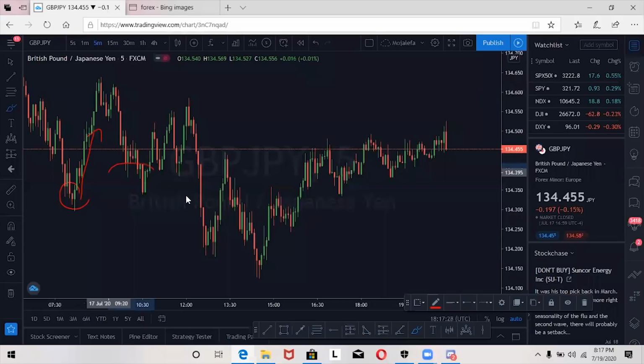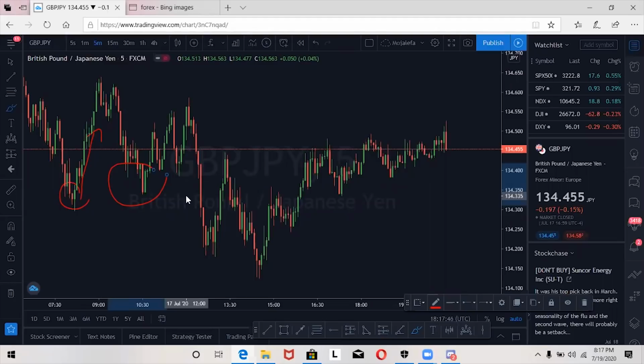So if you were looking at the 5 minutes time frame, you're gonna look at the current candlestick before the news. You get what I mean?